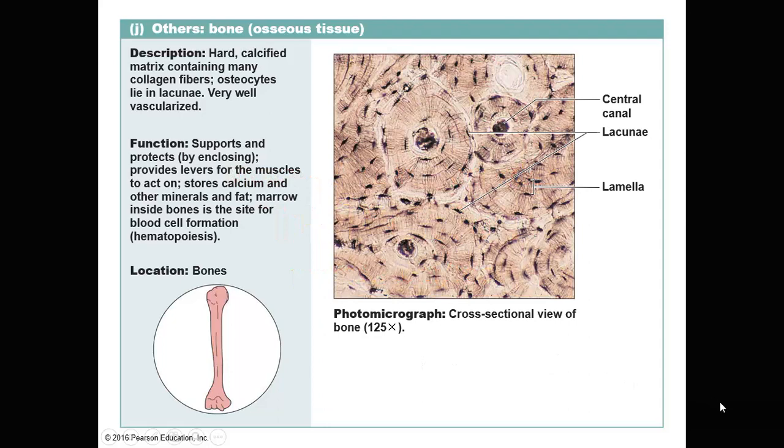Osteon, all these circular structures, these circular structures are osteons.